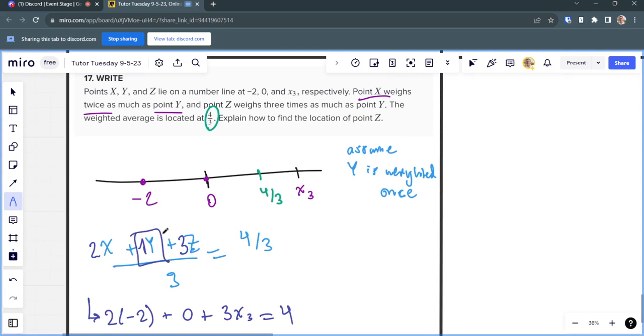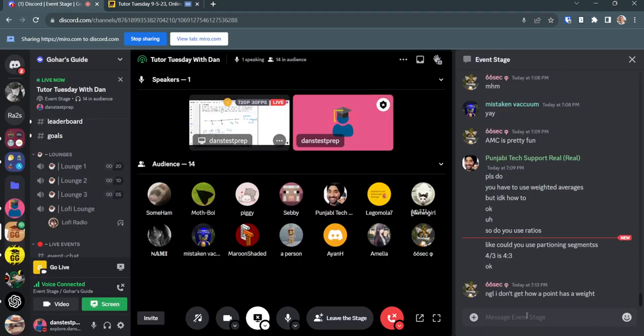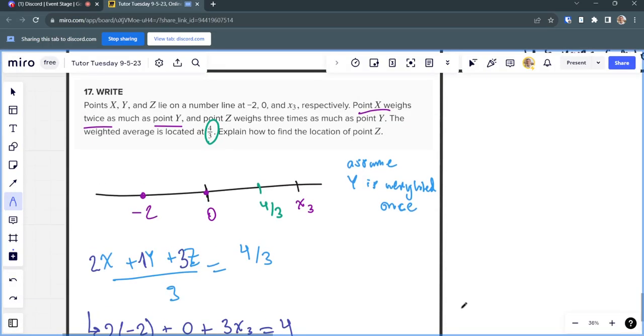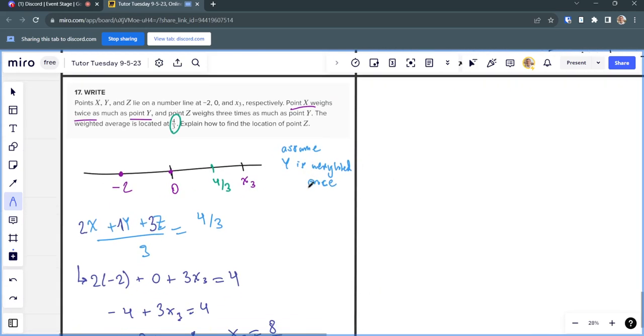If we assume that y is weighted a certain amount, maybe just a multiplier of 1, then we can multiply the values of x and z by 2 and 3 times respectively. I guess that just means count it twice or count it 3 times if y is only counted once. That's the intuitive explanation of what I thought in my head.